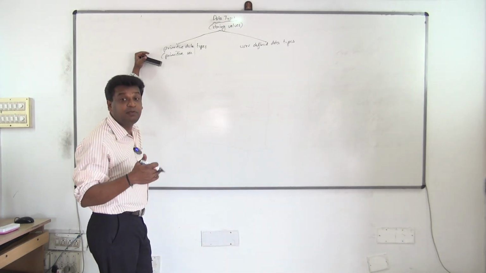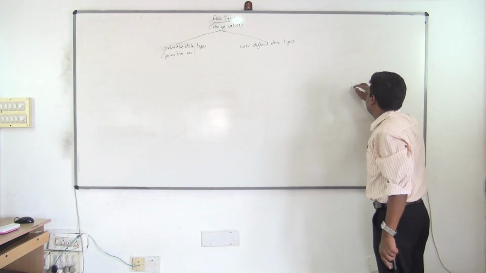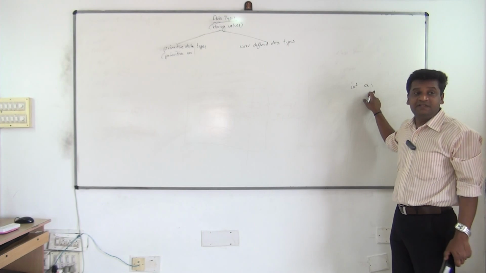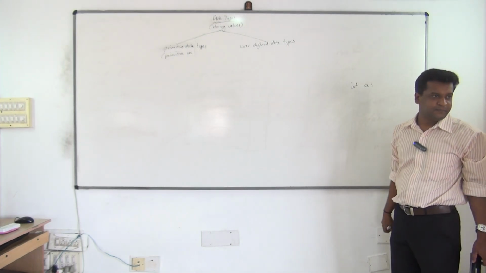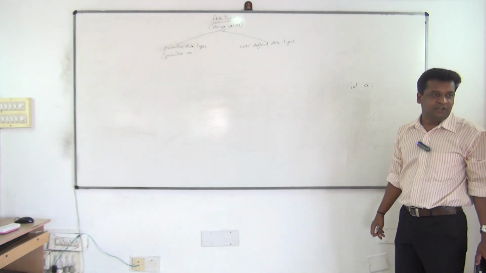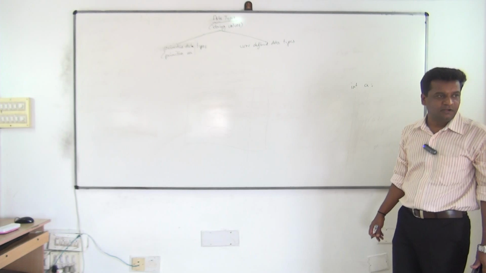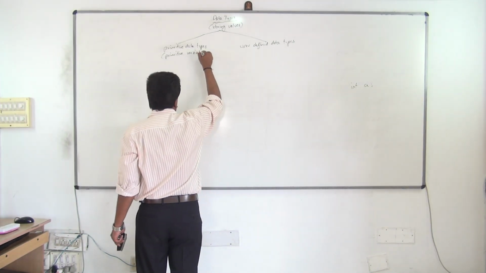So variable of primitive data type, like say, very simple example. Int is the data type. Okay, I am declaring A. So A is a variable of data type int, but it's a primitive data type. Understood? So a variable of primitive data type is called as primitive variable.